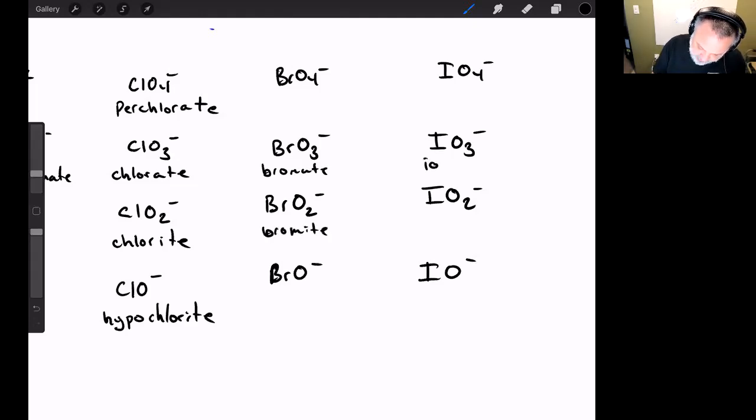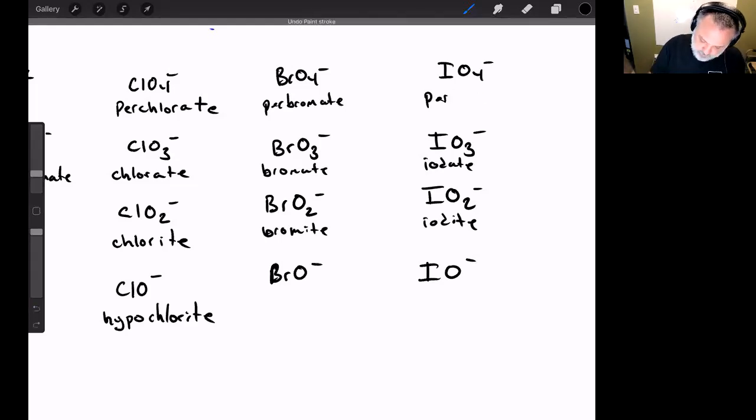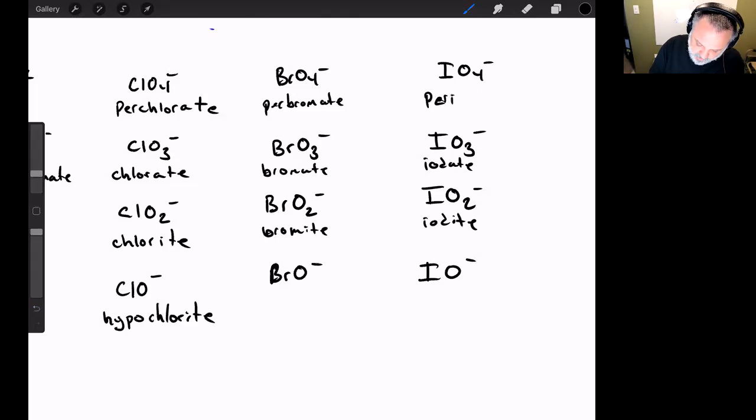This is iodate and iodite. This is perbromate. This is periodate. This is hypobromite. And this is hypoiodite.